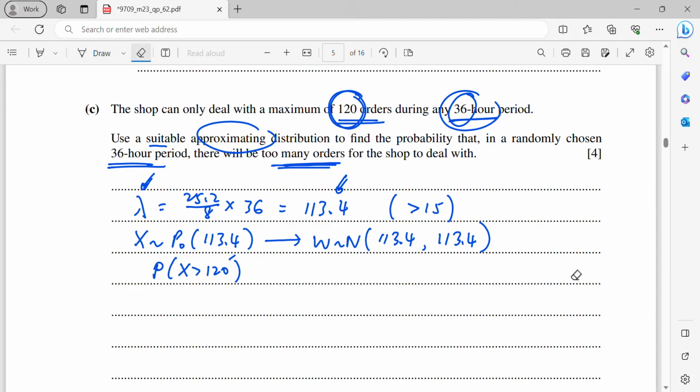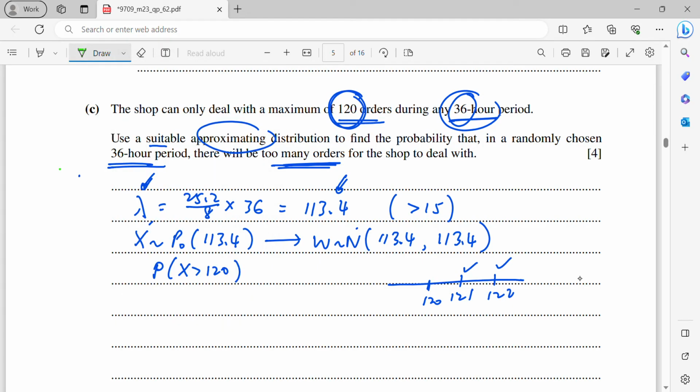Alright, so then from here, because your X is Poisson, which is a discrete random variable, and the normal is continuous, that means now I need to consider the continuity correction, which means here is 120. So when greater than 120, it will be 121. Okay, basically start with 121 and so on. So all these are the X values.